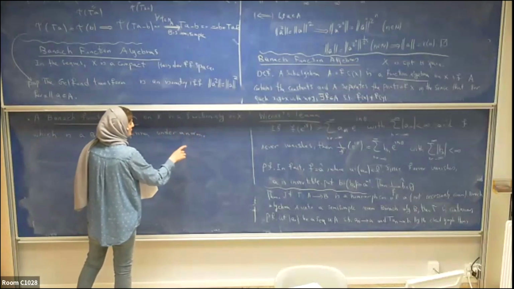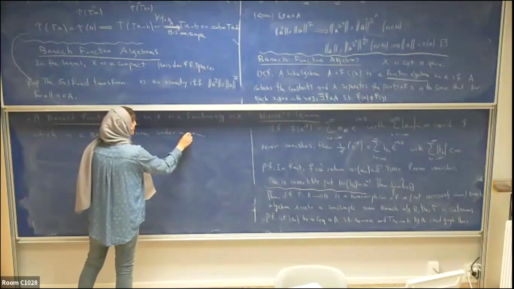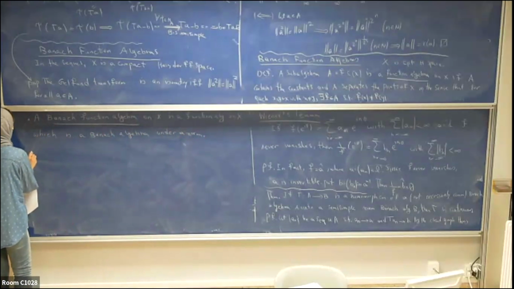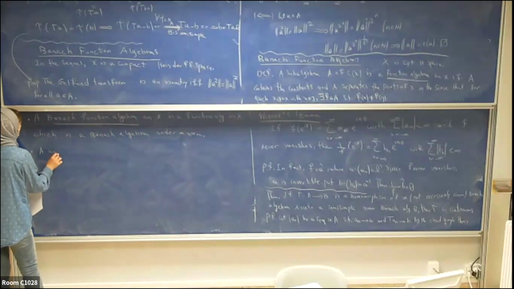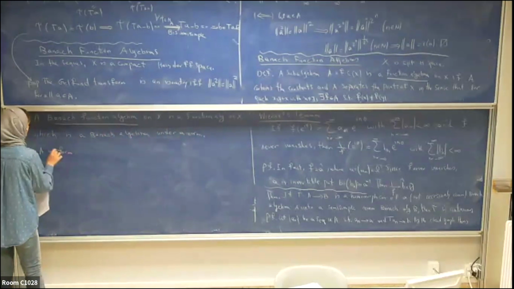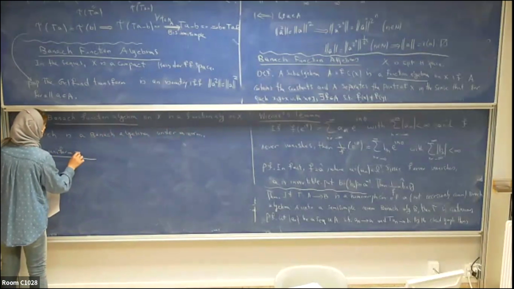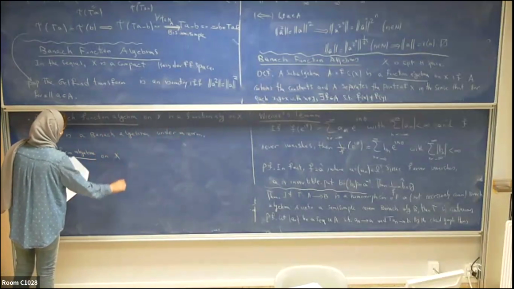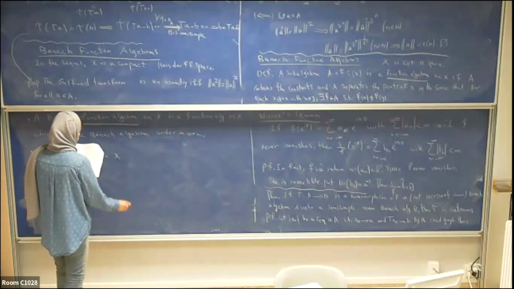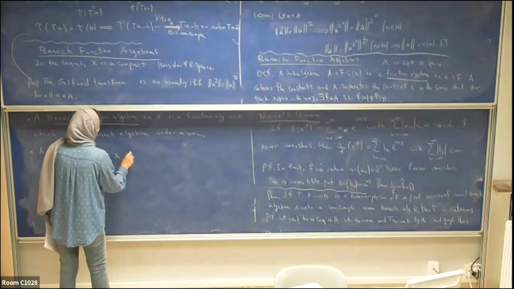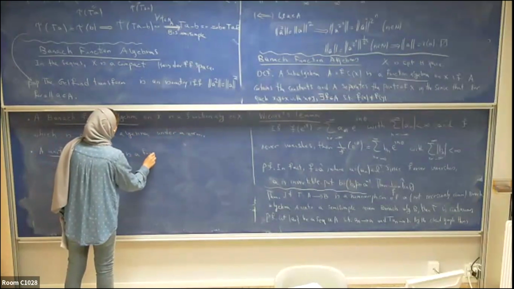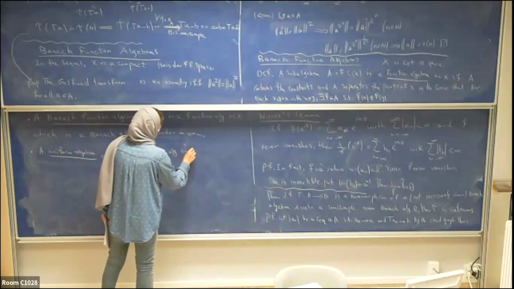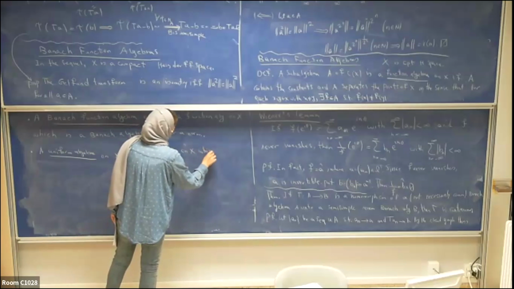If this norm is the sup norm or uniform norm, we call it a uniform algebra. So a uniform algebra on X is a function algebra on X which is uniformly closed.